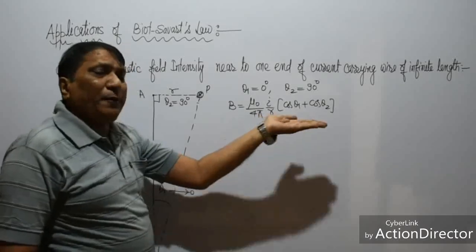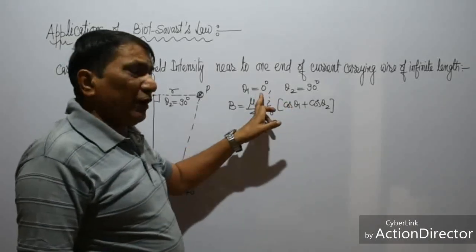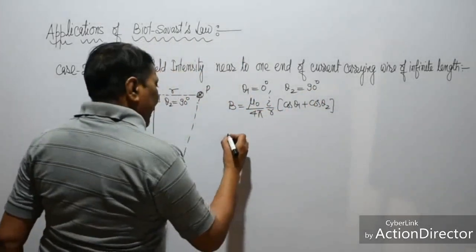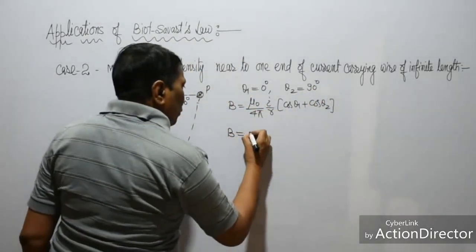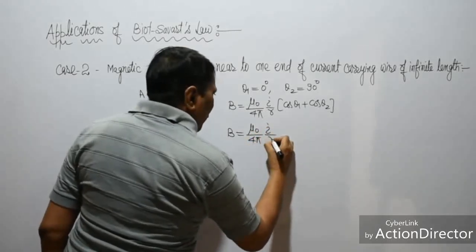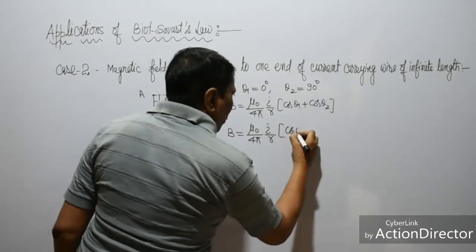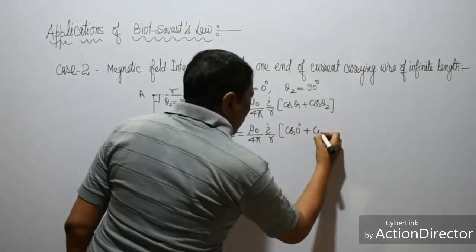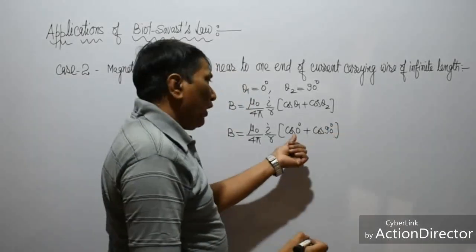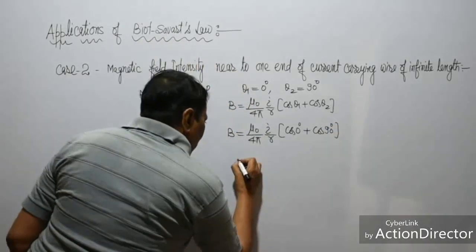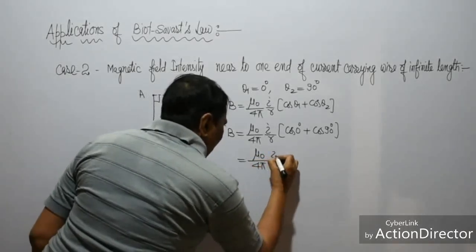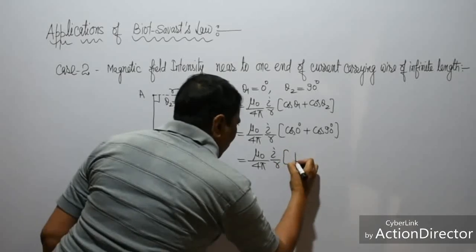In this formula we apply theta 1 equal to 0 and theta 2 equal to 90. So B equal to mu 0 upon 4 pi I upon r, cos 0 plus cos 90 degrees. Cos 90 degrees is 0 and cos 0 is 1. So that comes out mu 0 upon 4 pi I upon r into 1.